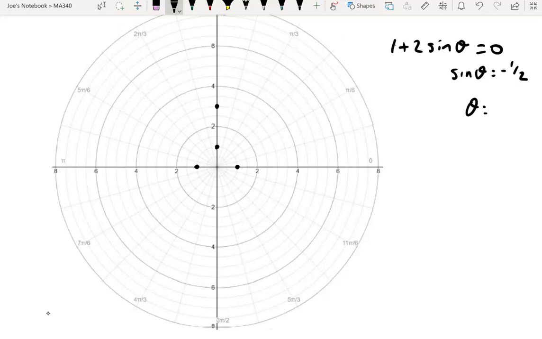When is your sine value equal to -1/2? Okay, negative pi over 6 works, good. And where else?